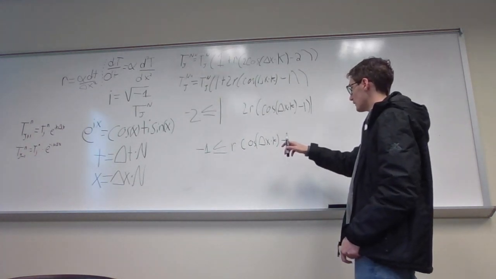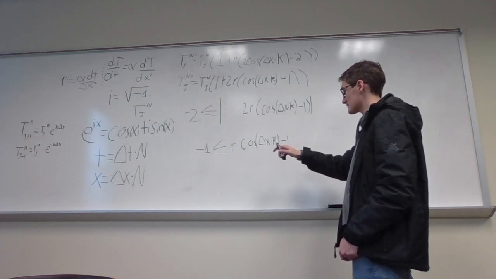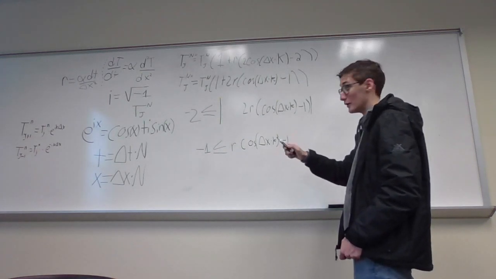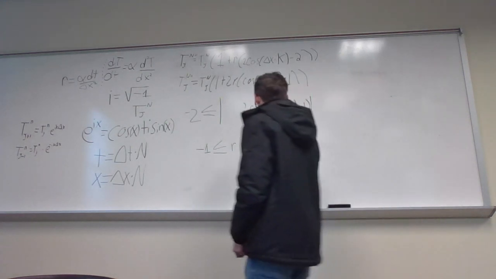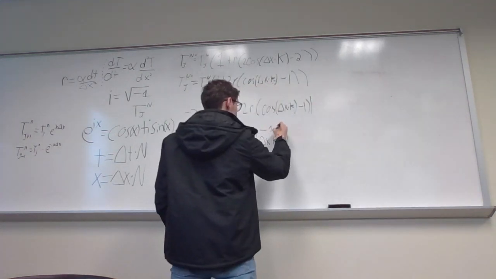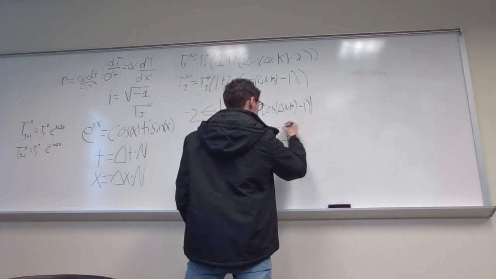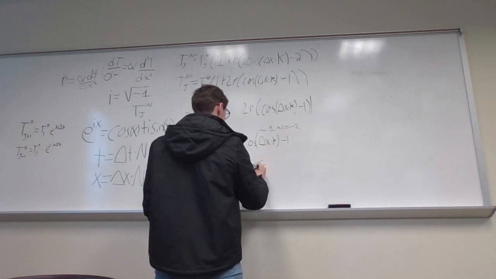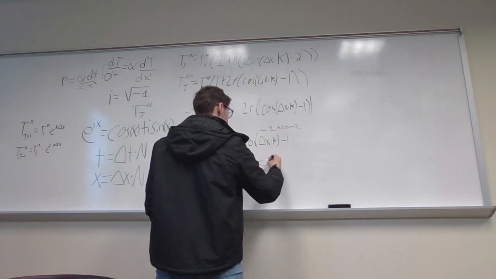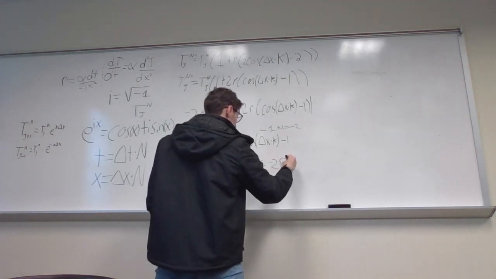But if we look on the other side, the cosine term can also be negative 1. So if we decide this is negative 1, then negative 1 minus 1 equals negative 2. We have negative 1 is less than or equal to negative 2r.